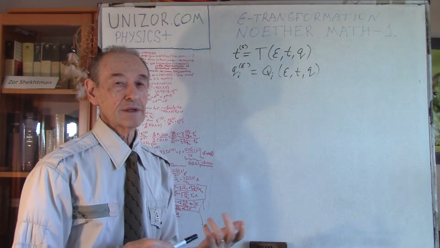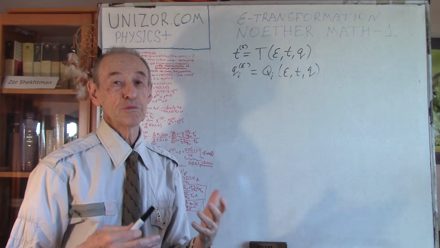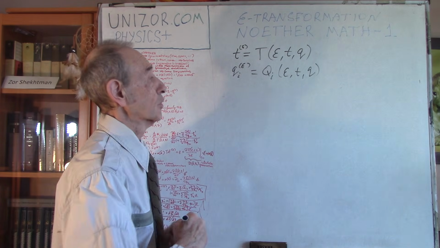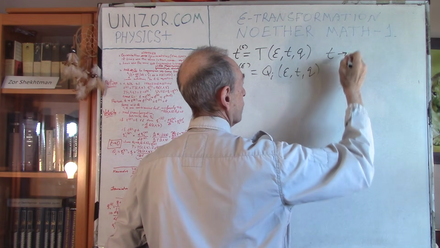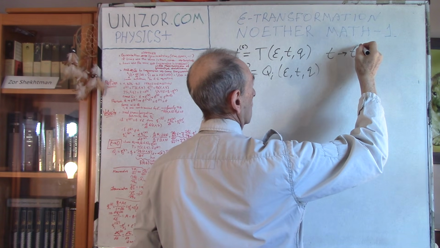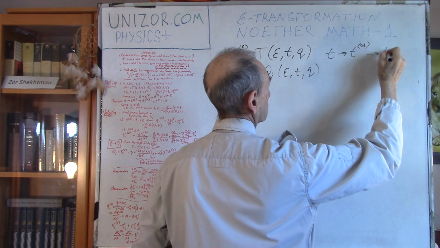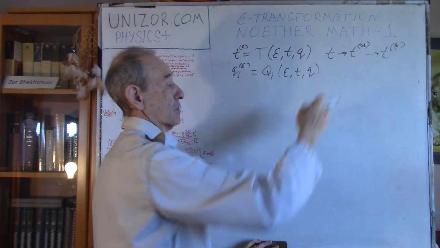In mathematical lingo, these transformations are supposed to make up a group, more precisely the Lie group. For example, if you transform t into alpha, and then that would be transformed into beta using another transformation function.